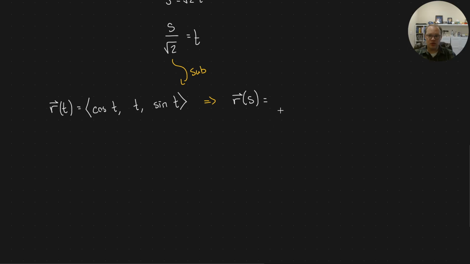So r of s is going to be, instead of cosine of t, I swap out the t for s over root 2, so I get cosine of s over root 2. Second component, instead of t, I swap it out for what t is in terms of s. t is s over root 2. And instead of sine of t, I'm going to have sine of s over root 2.